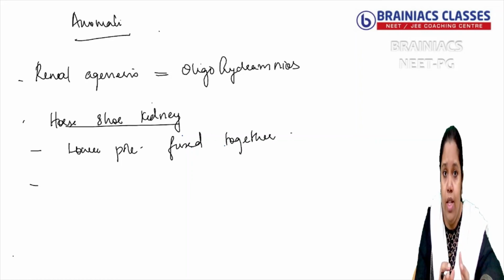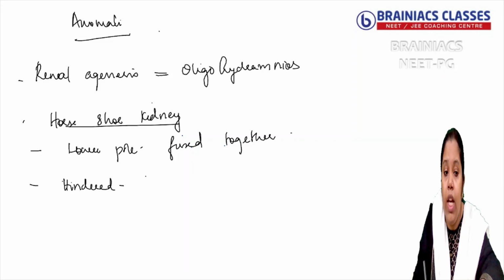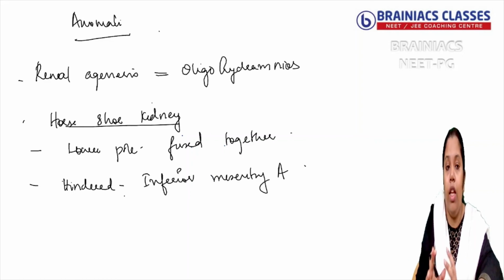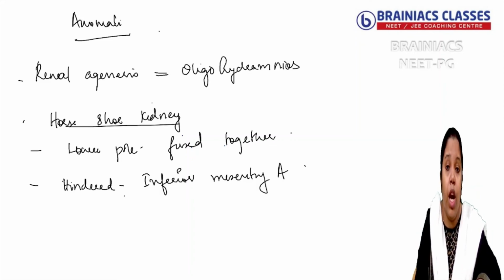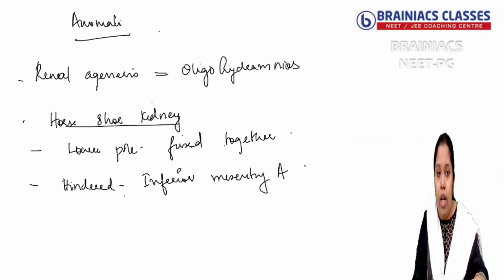During this ascending of the kidney, the ascent is hindered by the inferior mesenteric artery, resulting in the fusion of the lower pole of the kidney, giving rise to a horseshoe kidney. Okay, this is about the anomalies in the renal system.